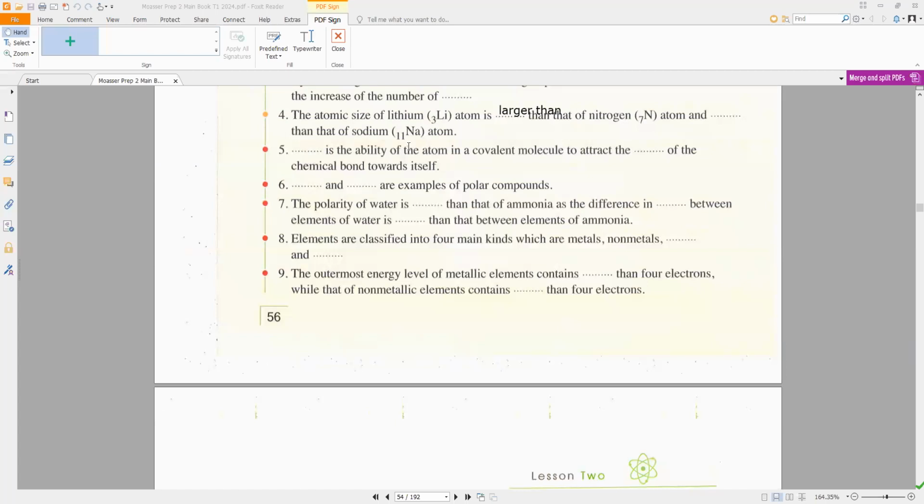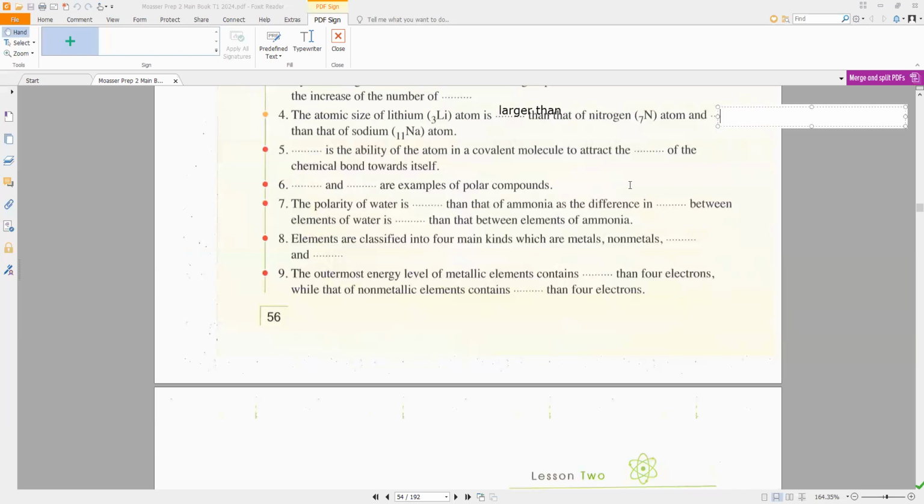Between sodium and lithium, lithium is 3 and sodium is 11, so the number of energy levels increases. Sodium comes after lithium in the group. As we move down the group, the size increases.